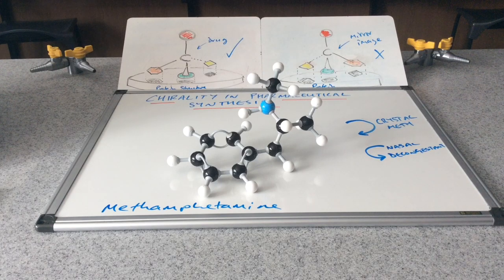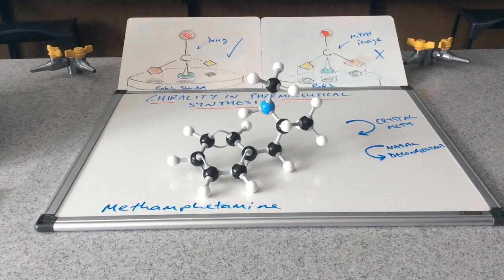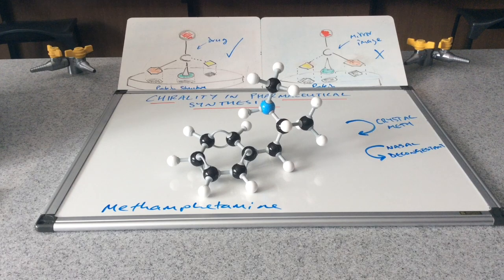And we all know from Breaking Bad, if you've watched it, the effect that can have on the human body. If you swap two of the groups around on the chiral center, we end up with the anti-clockwise form, the levorotatory form. That molecule is present in perfectly legal substances. You can buy them over the counter in pharmacies, and it's present in nasal decongestants.